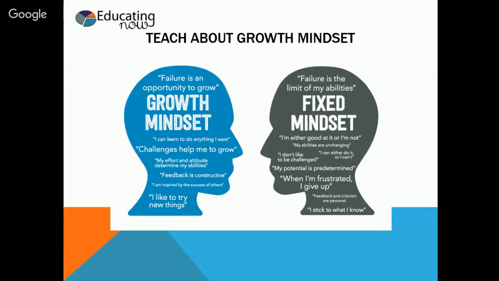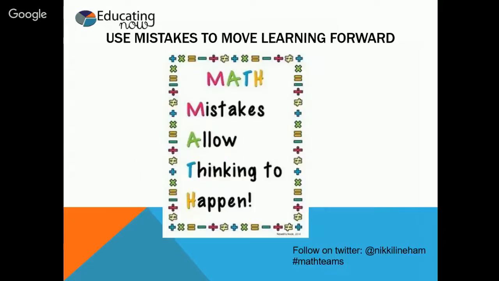So we want to change mathematics from being fixed to being growth mindset, because again, the science informs us that we all can learn math to high levels. I'm going to say that again because a lot of people don't believe me. Teachers often say, no, I'm just not a math person, I'm a language person. We can all learn math to high levels, and it just takes the growth mindset, practice, and perseverance.